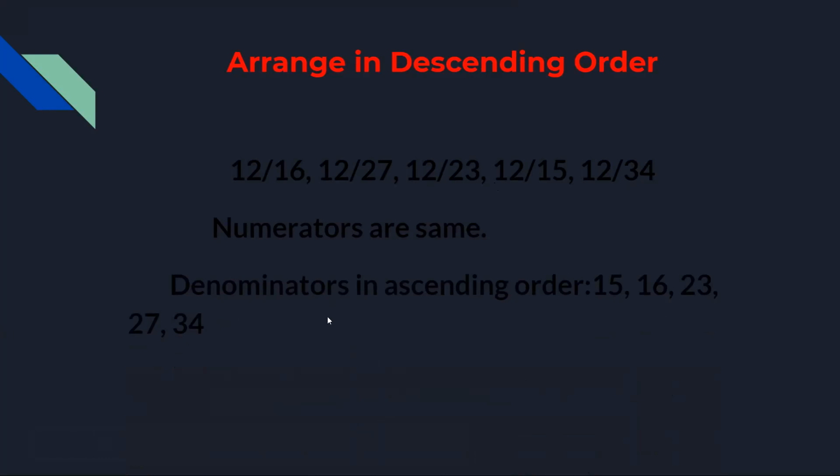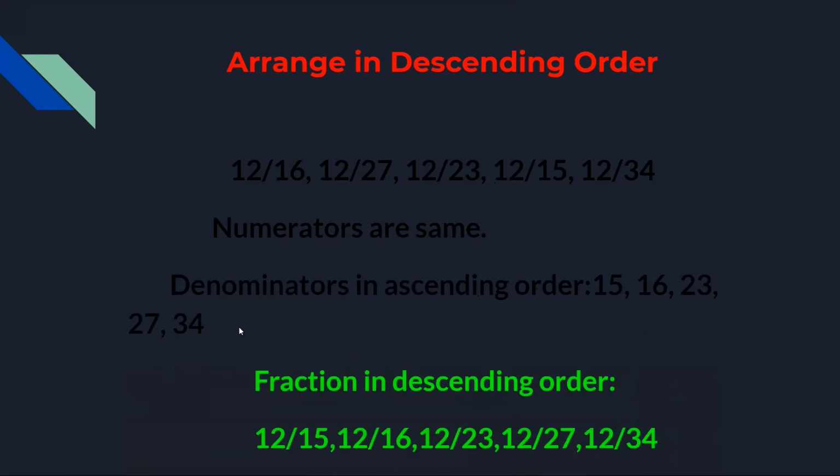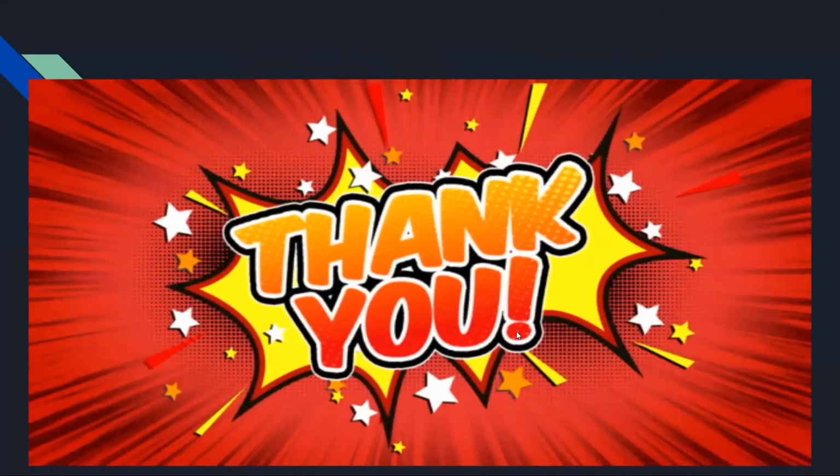Now the denominators in order are 15, 16, 23, 27, and 34. So what will we write in order? 12 upon 15, 12 upon 16, 12 upon 23, 12 upon 27, and 12 upon 34. This is the way to write the descending order.